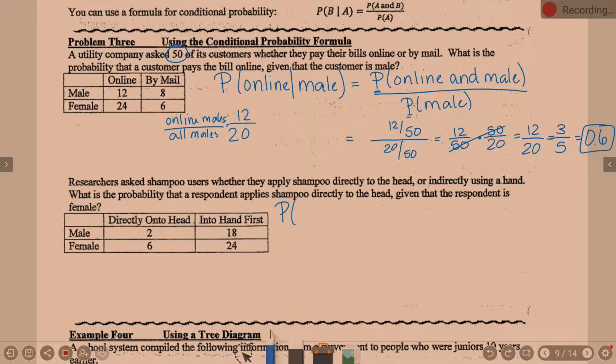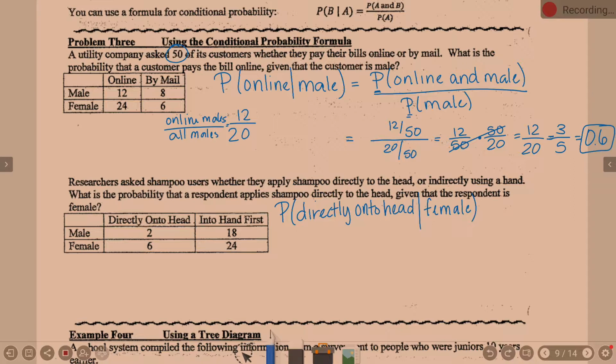So, now, we are being asked the probability that a respondent applies shampoo directly onto their head, given that the respondent is female. That's the question we're being asked, correct?